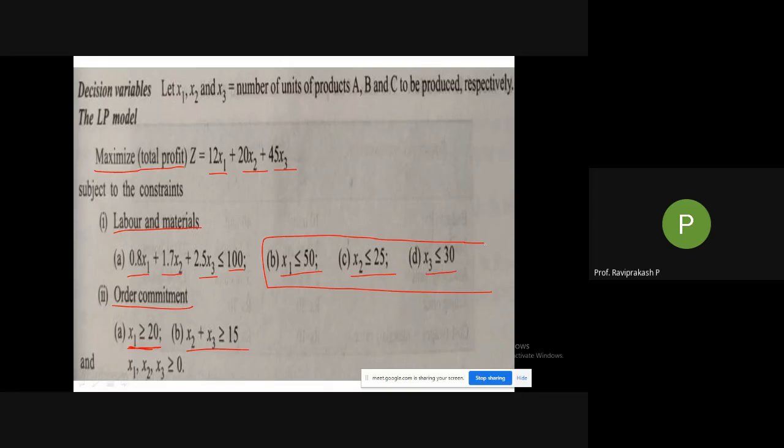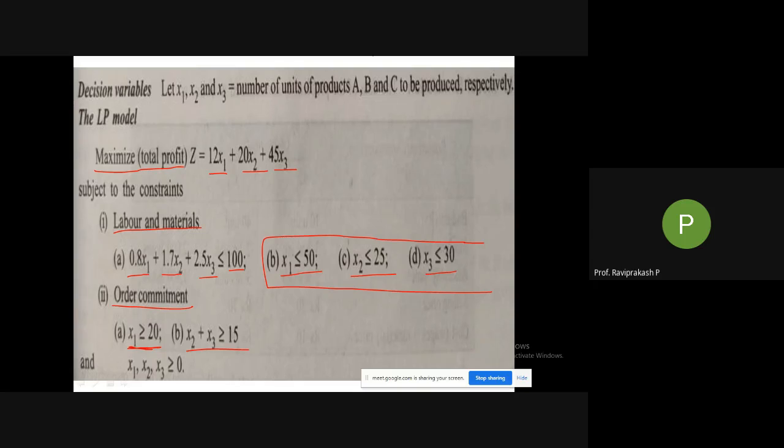Just like that, they will not give any number in the problem. It will be connected somewhere. Whether it is cost, profit or sales, those numbers will be in the objective function. Everything else will be in the constraints. You need to find out where to fit it.